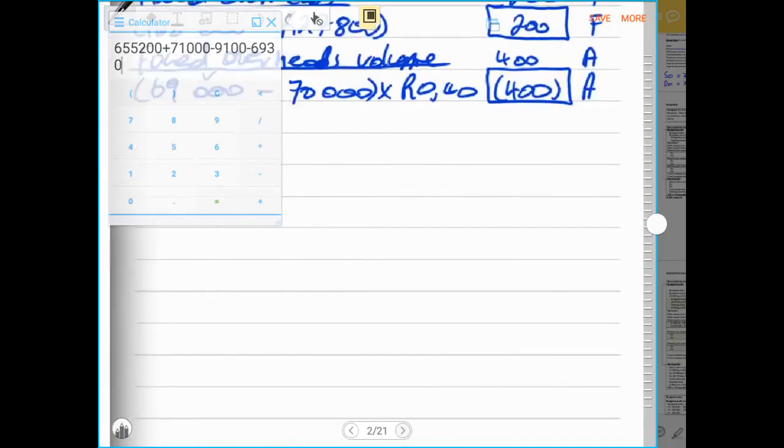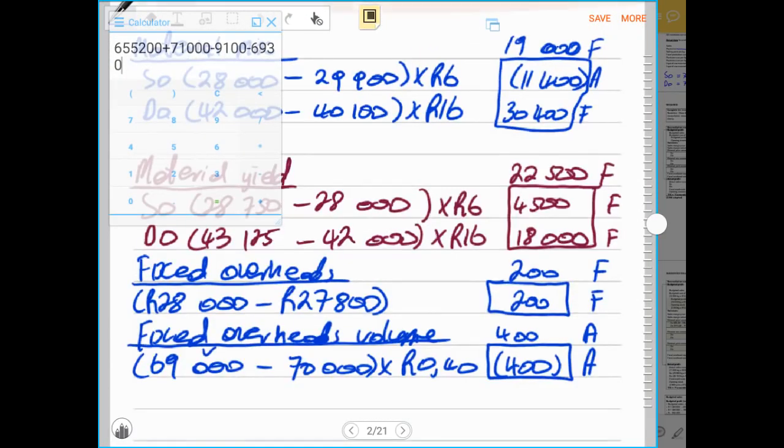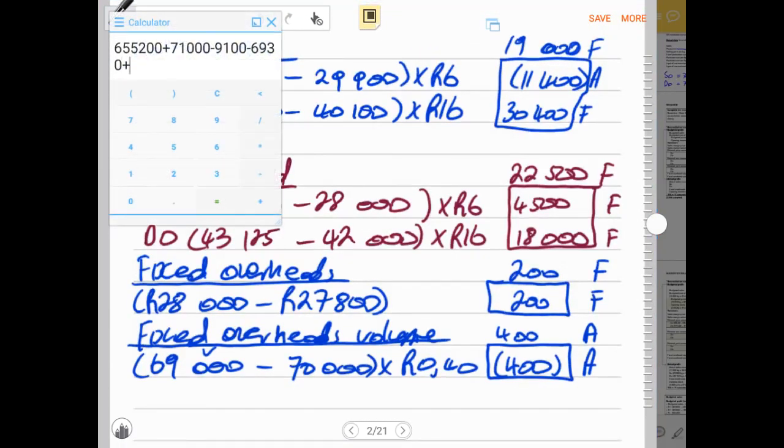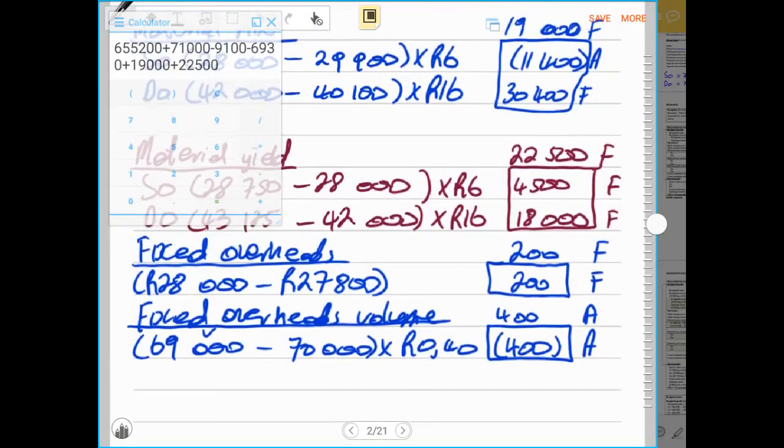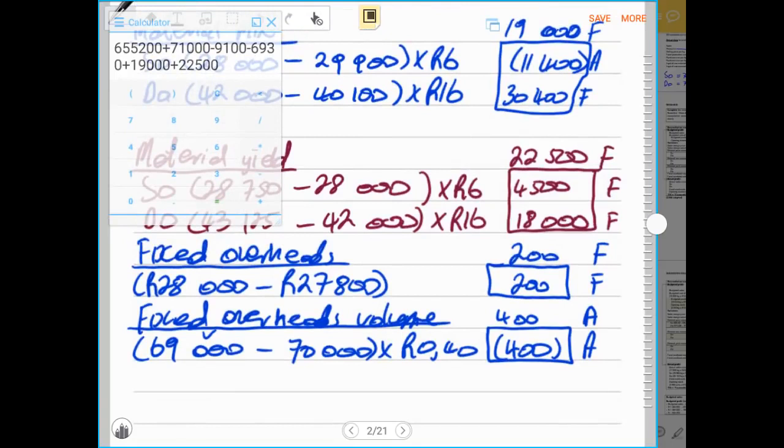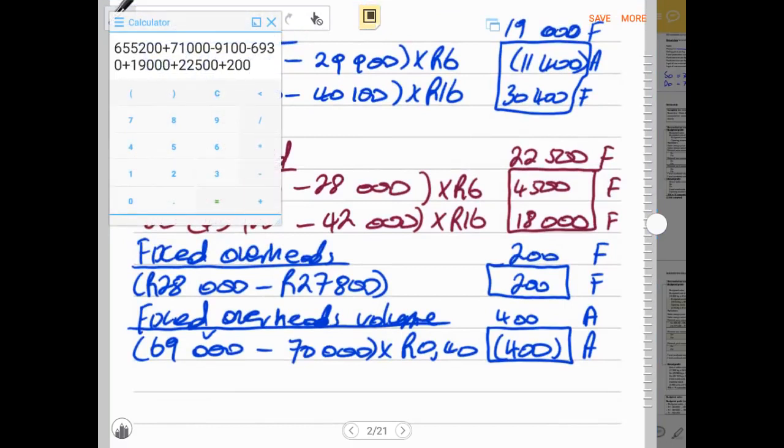Then there was 19,000 which was favorable, plus 19,000. Then there was 22,500 which was favorable, 22,500, and we had favorable 200, plus 200, minus unfavorable 400 rands.